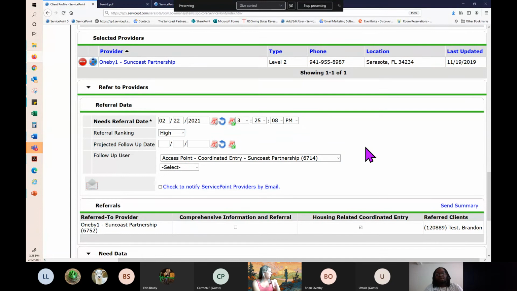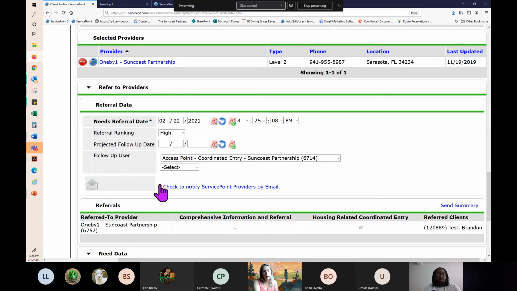Erin brought it to my attention that some people don't know how to rank these, and maybe we should start ranking them by SPDAT score. I think that's a fabulous idea. So that's how I'm going to train. If the client scores 8 or above, let's say high. If they're 4 to 7, let's do medium, and below 4, 1 to 3, let's do low.